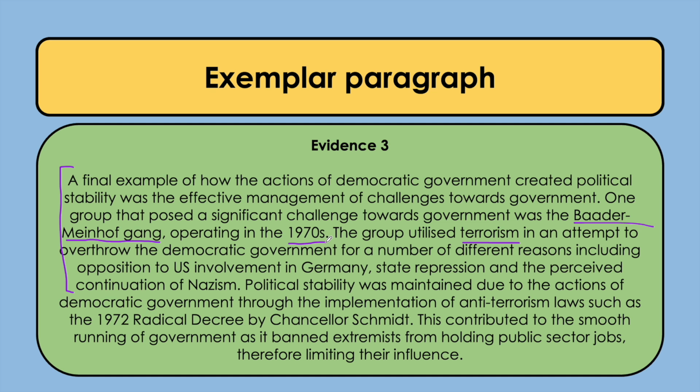I'm showcasing how the actions of democratic government throughout the period of the FRG contributed towards political stability. So I'm not just focusing on one particular area or time period of the FRG. I'm showcasing again to the examiner that I have knowledge and understanding of the entire period that is being asked by the question.